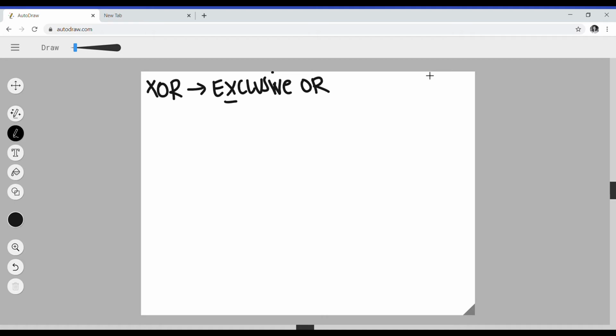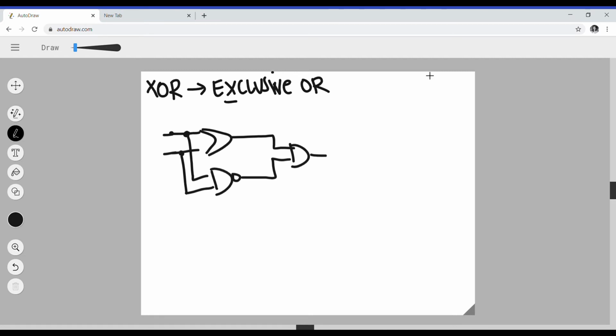It is a combination of the OR gate, the NAND gate, I'll explain these a bit more right now, and then the outputs of these will feed into an AND gate.